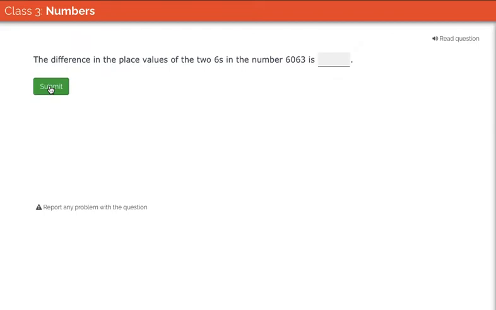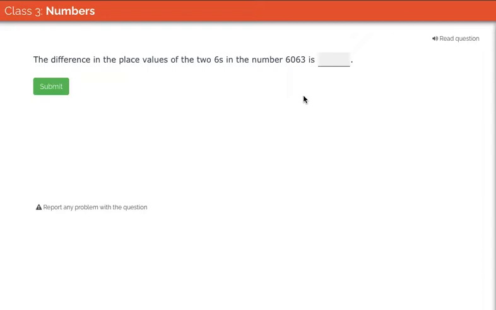The different place values of the 6 in the number 6603.